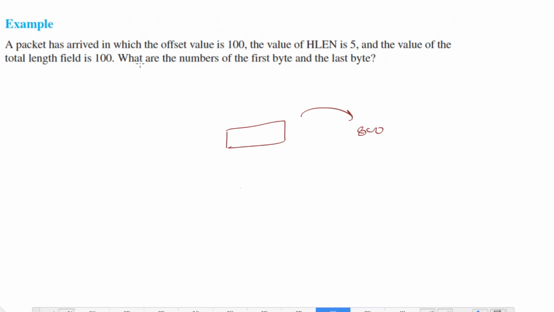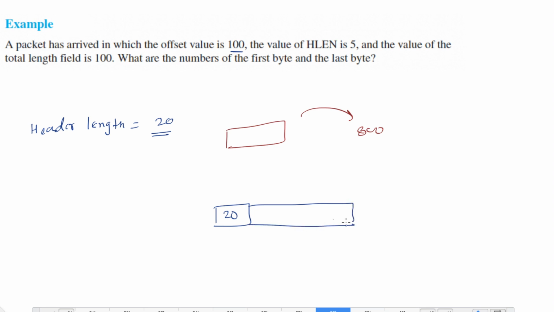So header length is given to us, which is 5, which means the actual header length is 20, and offset value is 100, which means the actual offset is basically 800, and total length field is 100. So what you can say about the data, if this is 20 as a header and total length is 100, which means you have 80 bytes of data, right? 80 bytes here.